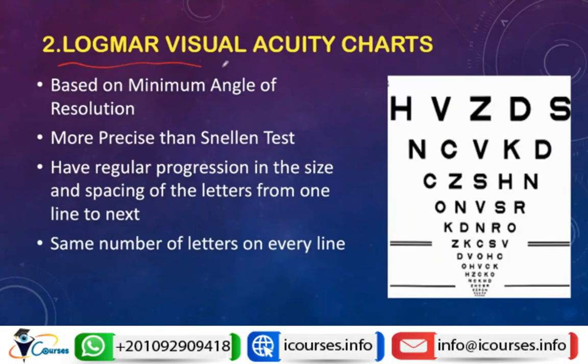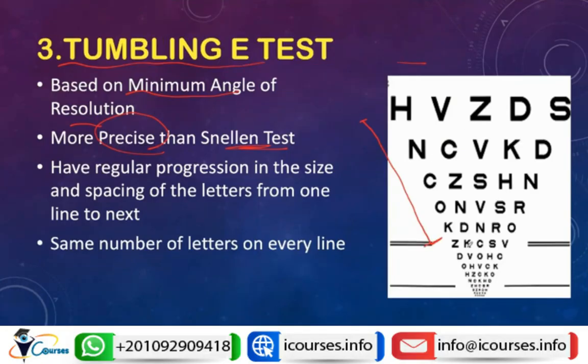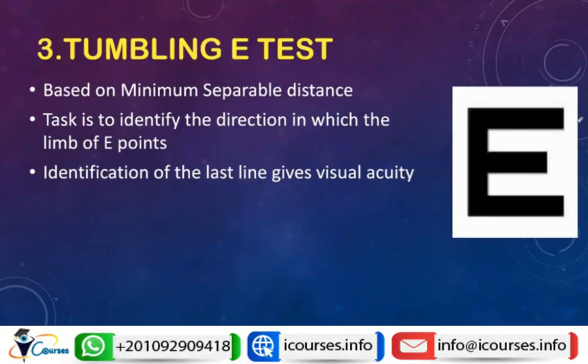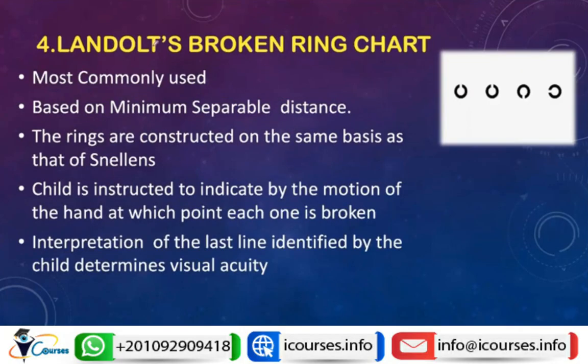Then the logMAR visual acuity chart can also be used, which is based on the minimum angle of resolution and, as we mentioned, is more precise than the Snellen chart because of the regular progression in size and spacing from one line to the other. The tumbling E test is a test using the minimum separable distance, in which the child or patient is asked to identify where the gap is, as well as the Landolt C chart or broken ring.